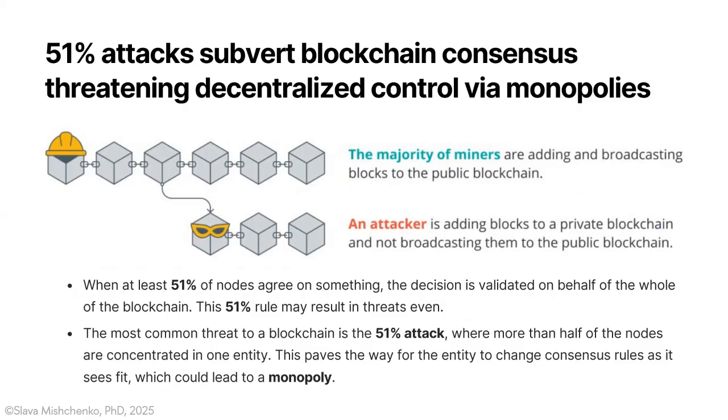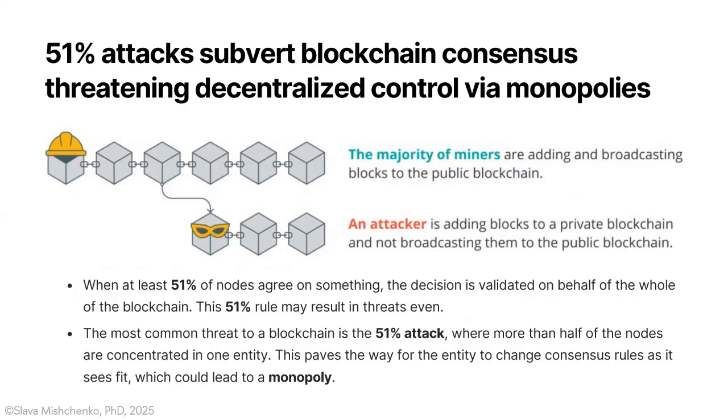What makes this particularly dangerous is that once a group controls more than half of the nodes, they can change consensus rules as they see fit. And this could lead to what we call a monopoly situation, exactly what blockchain was designed to prevent.